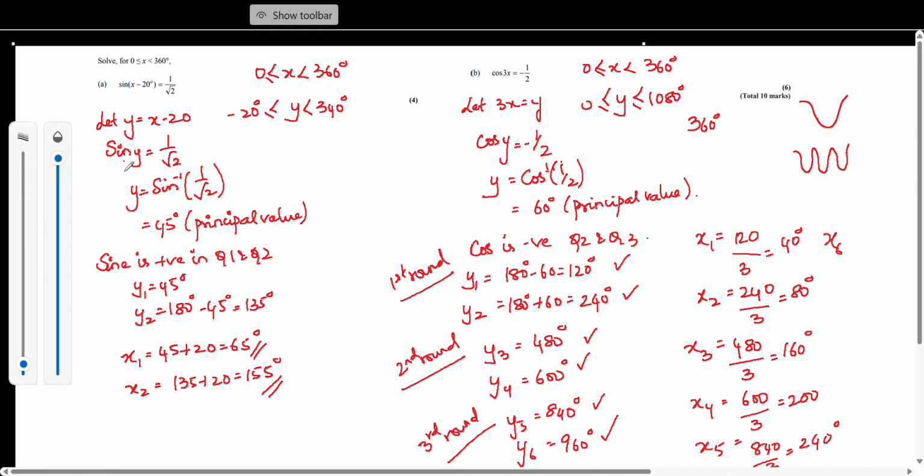Finally, x6, 960 by 3, which is 320. So 40, 80, 160, 200, 240 and 320 are the 6 values to this particular problem.